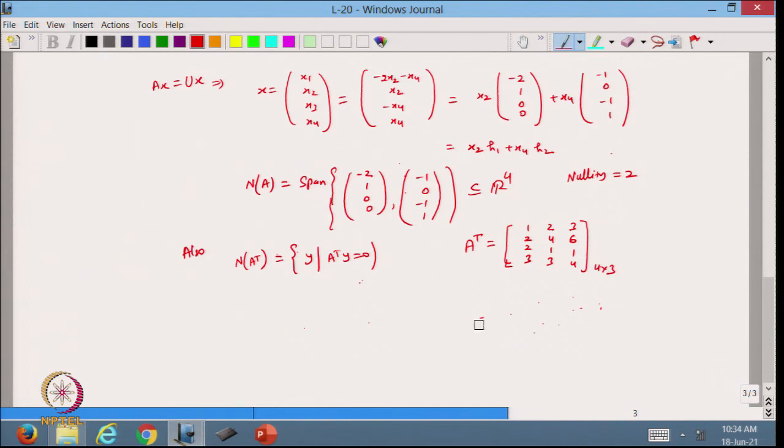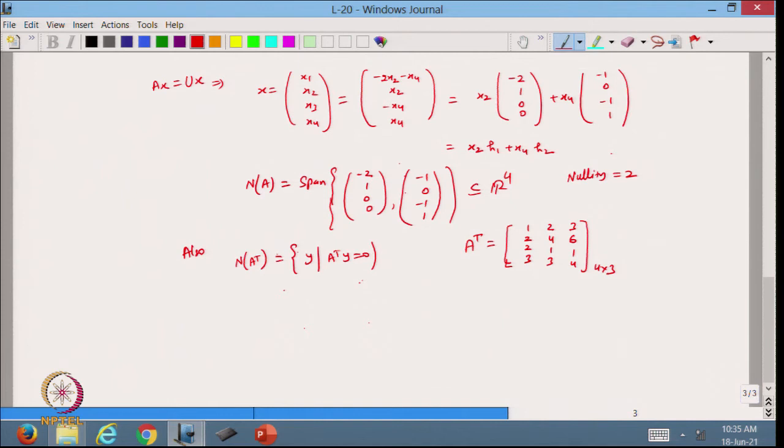Now I have to convert this matrix again into echelon form, and then find the solution. So, let us do this for this example.